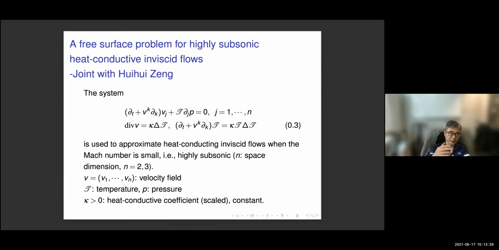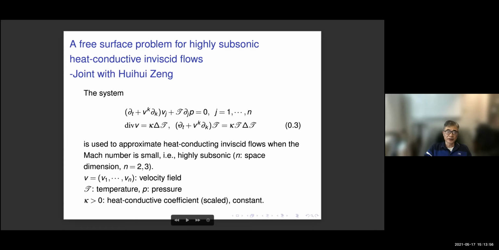You write the equation for P, then you will get this equation, the limit equation, and this is from the energy equation. Here v is again the velocity field, and P is the pressure, and T is the temperature, but the important thing is this kappa. This kappa is what? It is the heat conductivity.